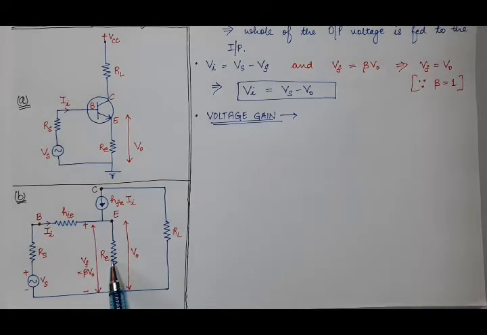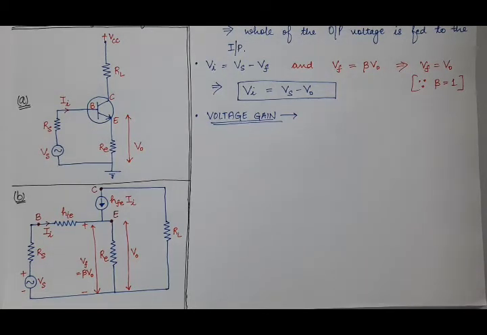Then Vf equal to beta V0 is the feedback voltage which is applied across the input of the amplifier. Now we will see what the voltage gain with feedback is in the case of the emitter follower, what the output impedance with feedback is, and what the input impedance with feedback is.